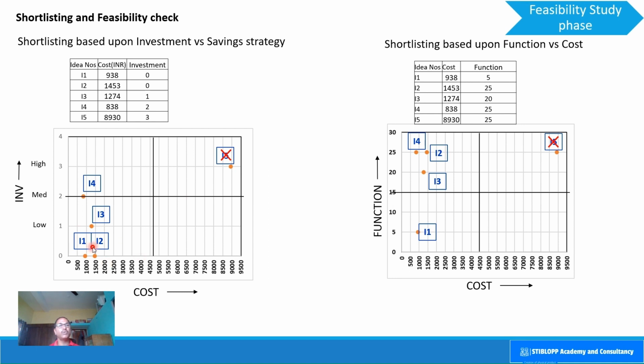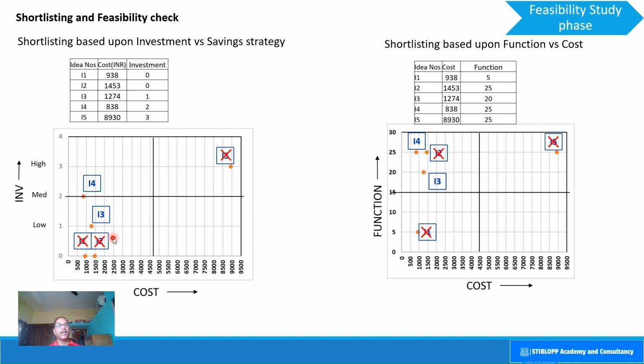If we look at these two ideas, even though the investment is nil, the cost that is getting reduced is marginal. And why we are not going with idea 1 is because of the poor functionality. So I eliminate idea 1. Next, with idea 2, since the cost reduction is very low here, we don't go with this as well.